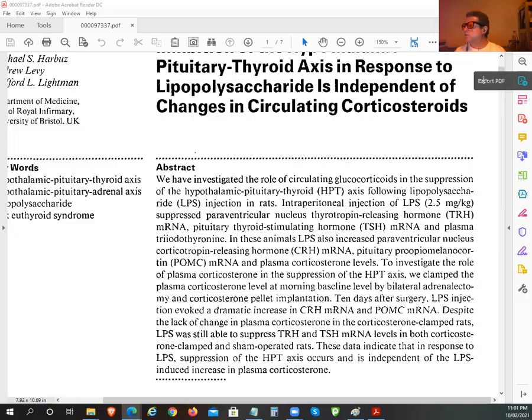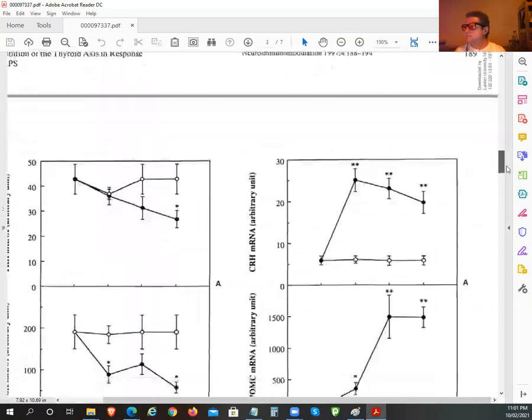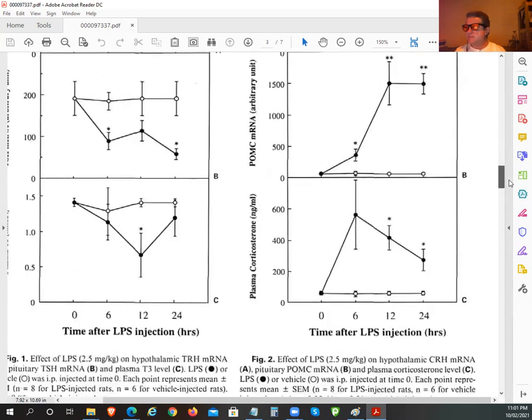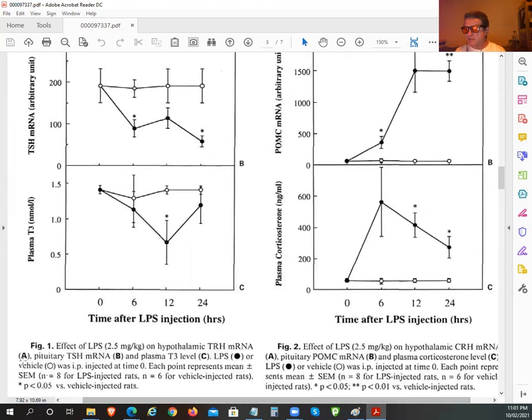Now let's just look at the rest of the study. Okay, so here we can see LPS times of injection. LPS is this dark color, and the light one is the sham group, that means the one that wasn't affected.